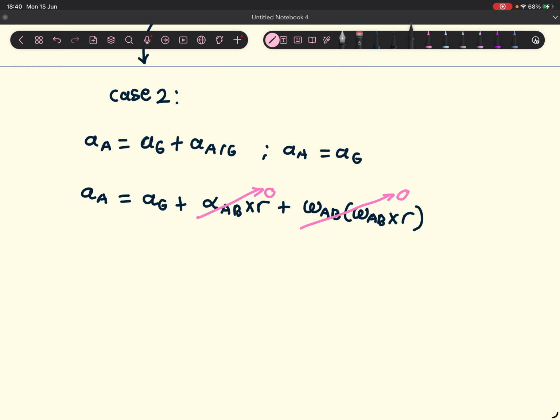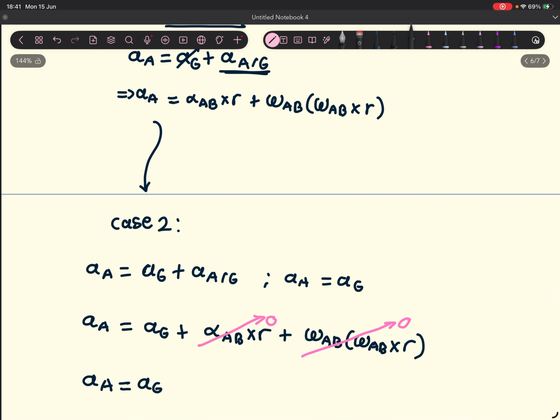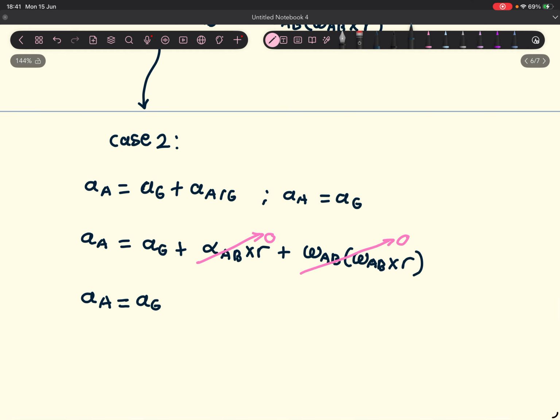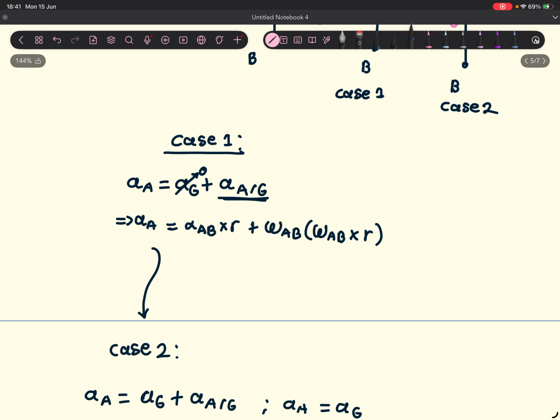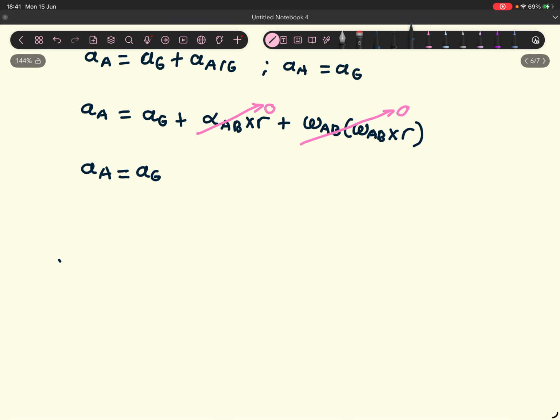It's not rotating. So then case 2 shows us that acceleration of A is equal to acceleration of G, right? But we can't treat these cases individually. We have to add them together. So we'll use superposition, which is basically just adding the two together.